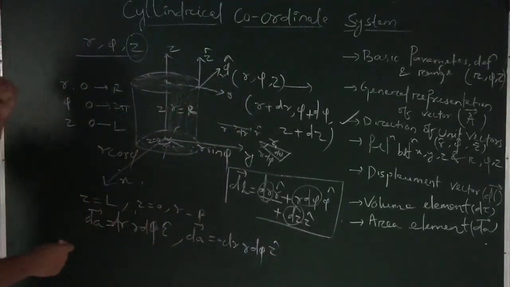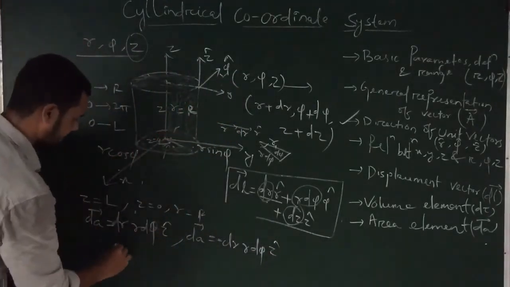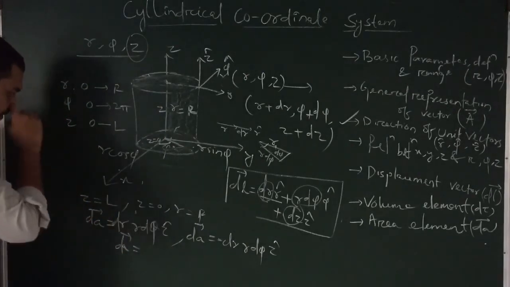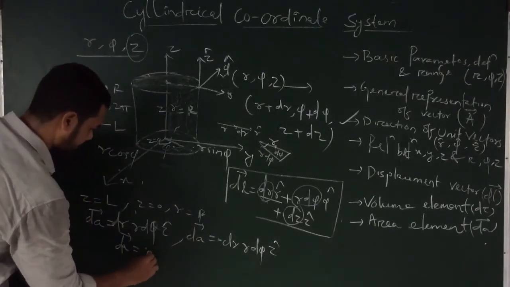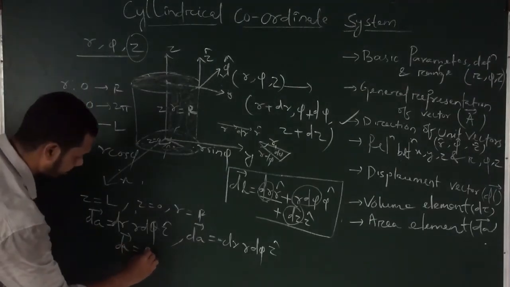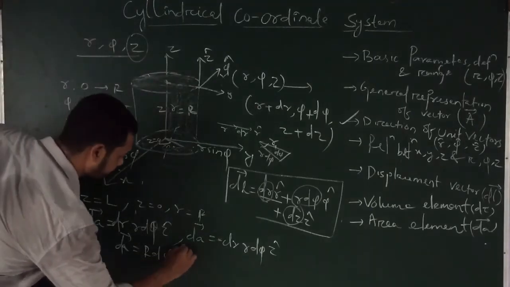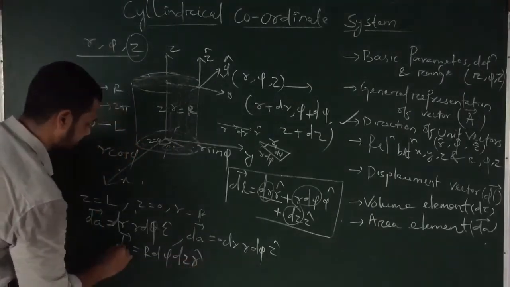And for the z equals 0 plane, dA will be dr into r d phi, with the direction minus z cap. And for the r equals R plane, you can write the area element dA as, with r replaced by capital R, R d phi dz r cap.